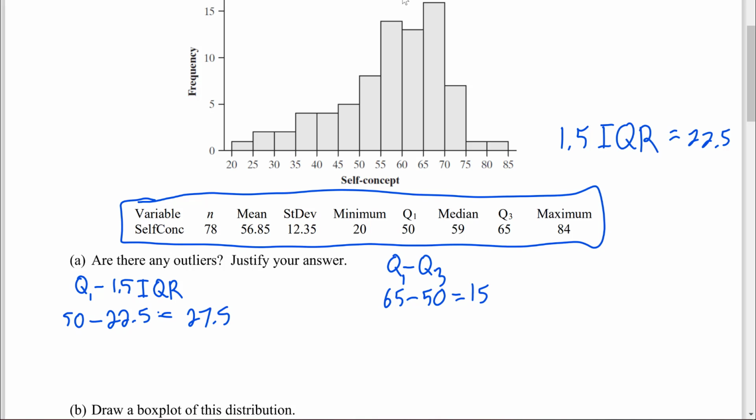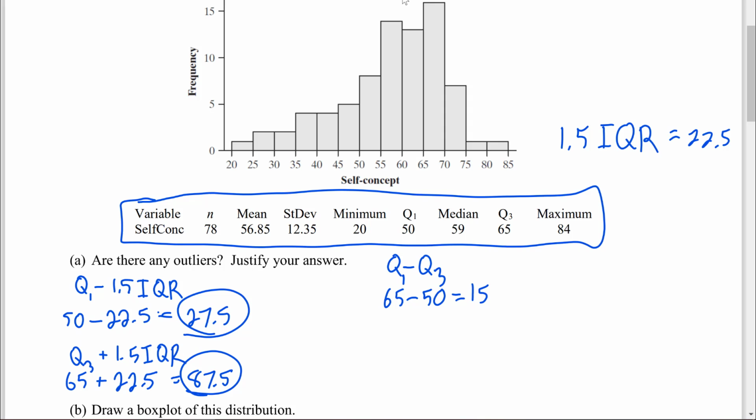And Q3 plus 1.5 IQR, which is going to be 65 plus 22.5, which would then give me 87.5. Okay, so we're looking for anything below 27.5 and anything above 87.5.